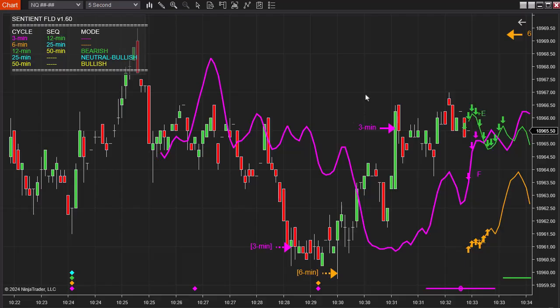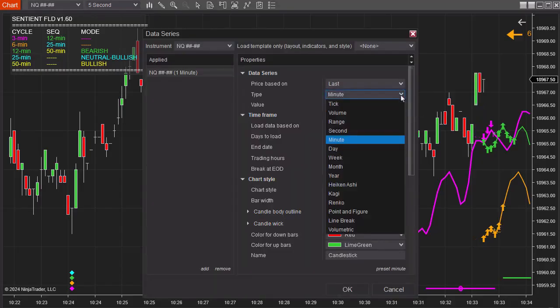There is also an experimental aspect of the sentient FLD indicator, which is that you can apply the indicator to a non-time-based chart. Let me demonstrate. We are going to create a new chart, and of course the second, minute, day, week, month, year are all charts that are time-based.